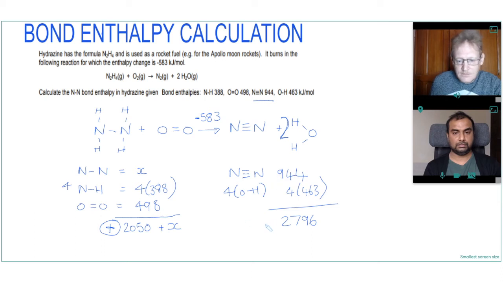And so if it's exothermic, then that's negative. And the other way of remembering this is bonds broken take bonds formed is equal to the enthalpy change for the reaction, which is minus 583.